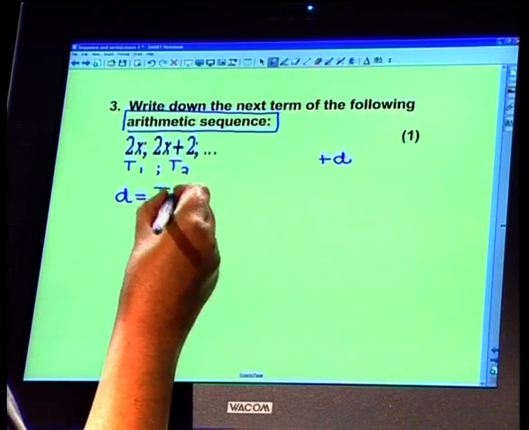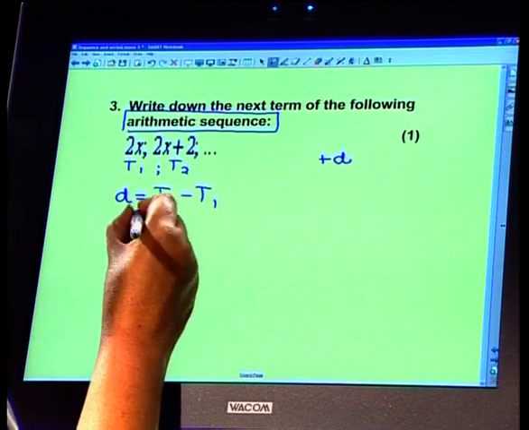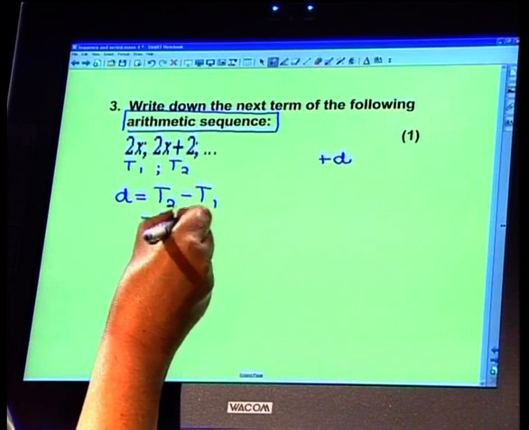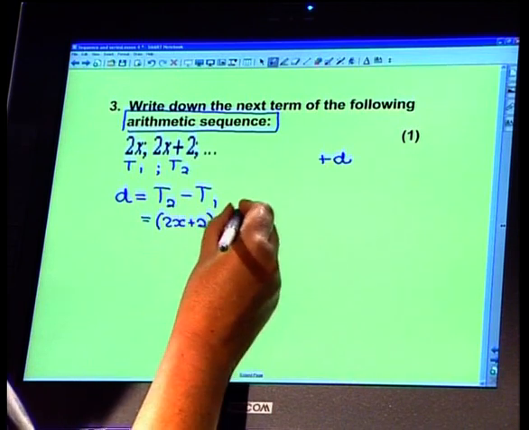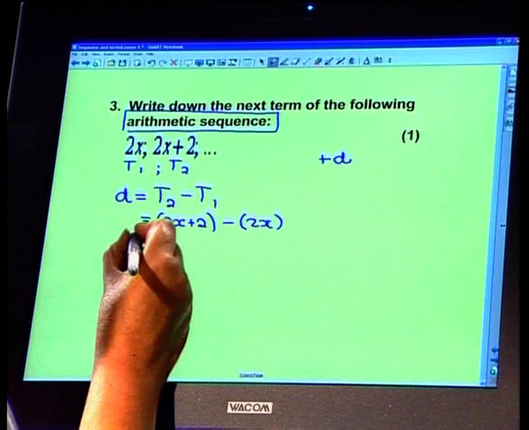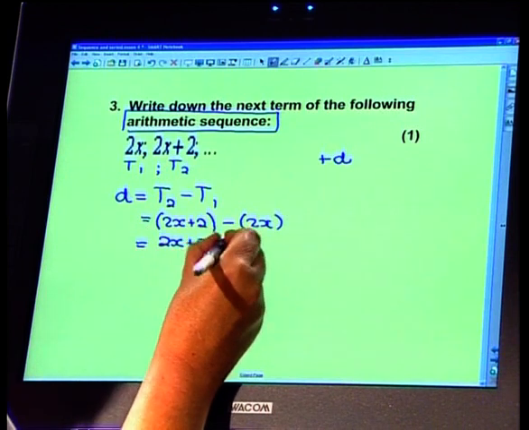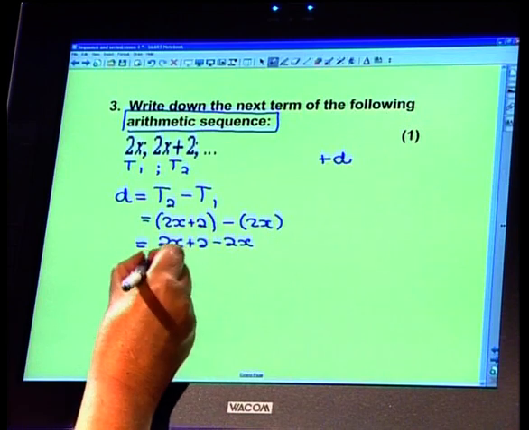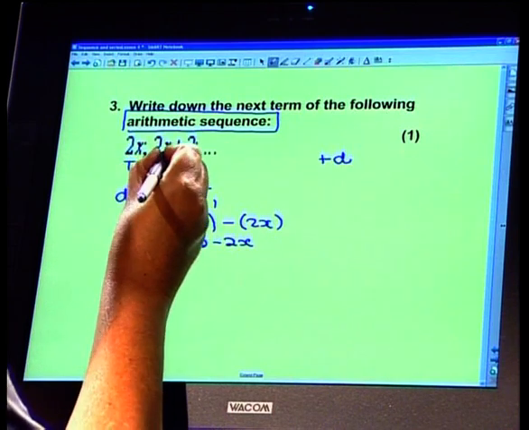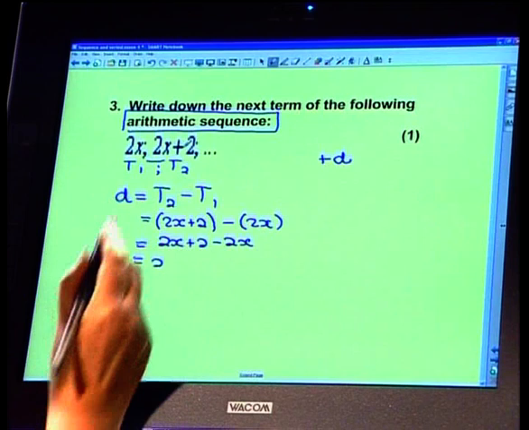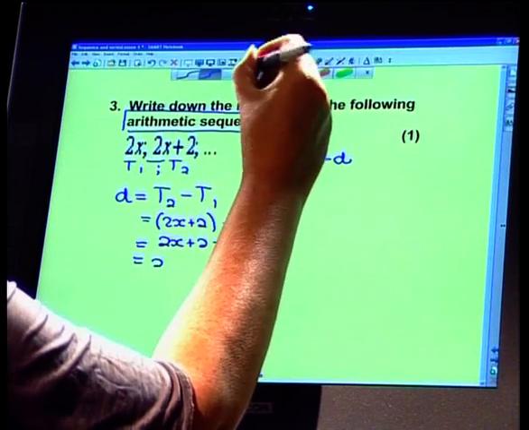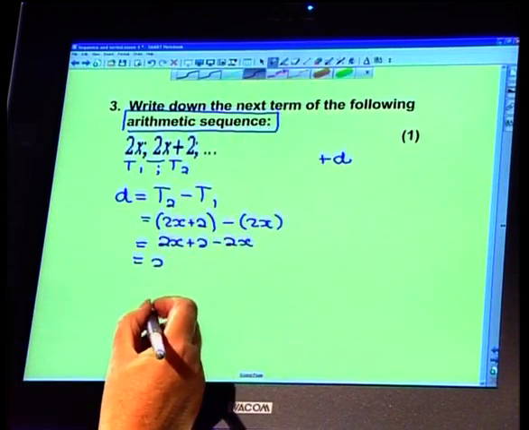It's going to be term 2 minus term 1, which is going to be 2x plus 2 subtract 2x. Right, doing that, I'm going to get 2x plus 2 minus 2x, which works out to be 2. But you could have just looked and seen, okay, hang on a moment, to go from here to here, I added on 2.